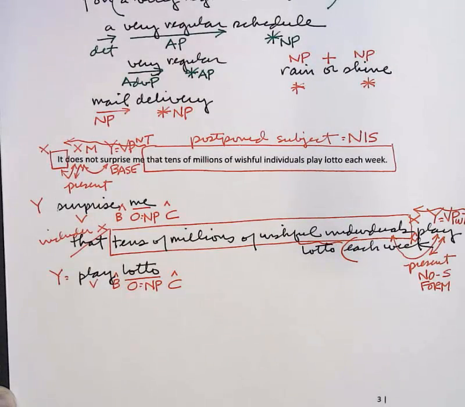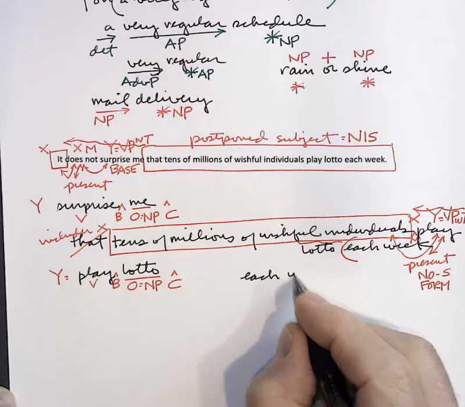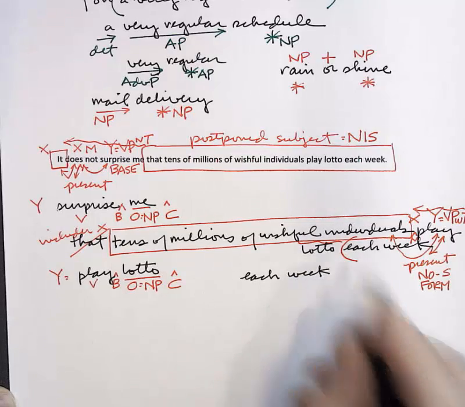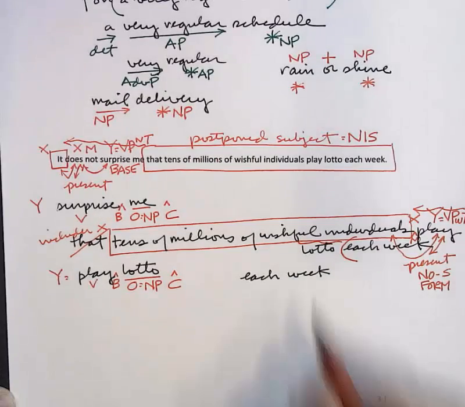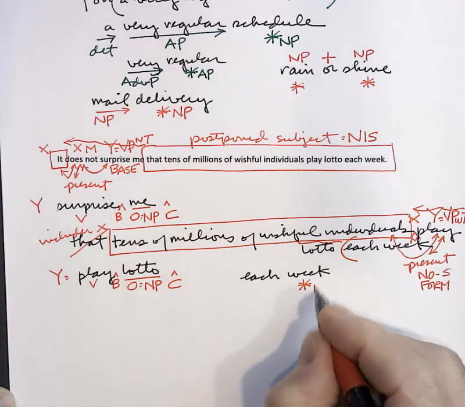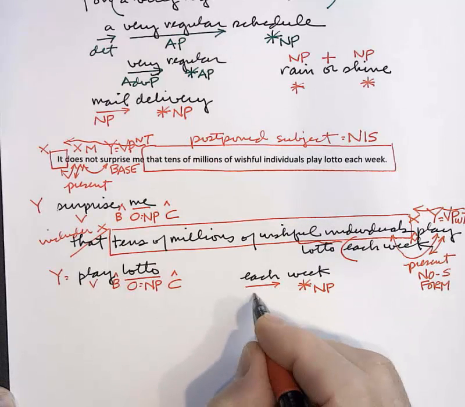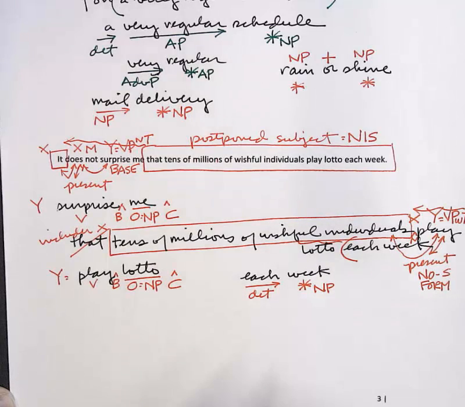And why don't we take care of the shifter? Each week. Week is the noun phrase head. And each, I'm going to put it in the group of determiners. Okay, now we just have the subject left to do.